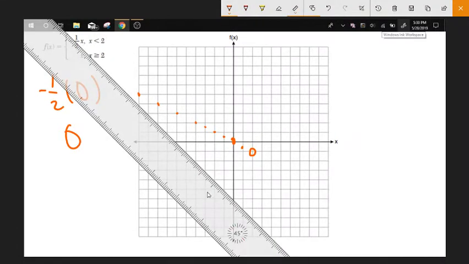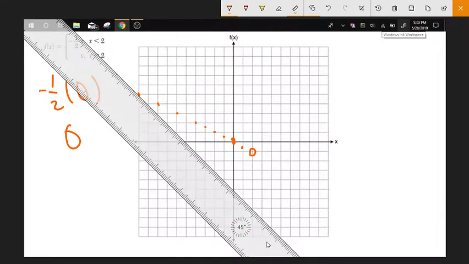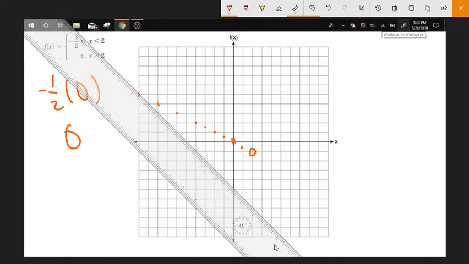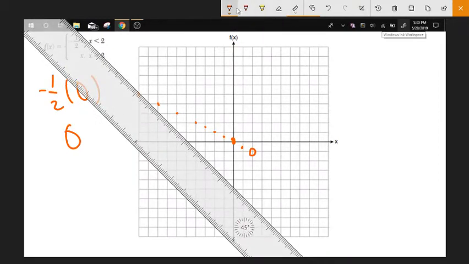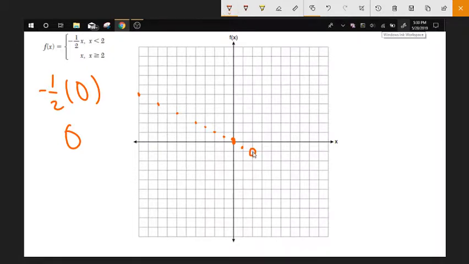Now let's try to use this ruler. Never mind. Let's not use this ruler. I don't know how to use it properly. Let's just try to draw a straight line through here. When you have your exam, you're going to have a ruler, so just use that ruler so you're more accurate, but I don't have that right now, so I will just draw a line and go like this through my points.